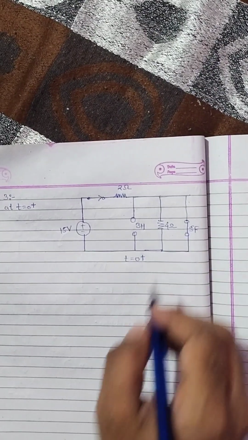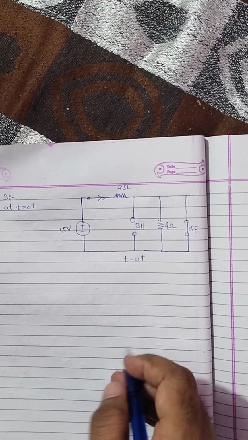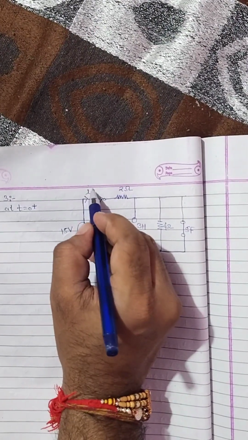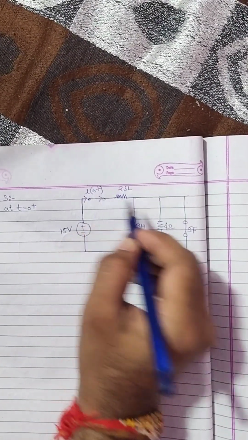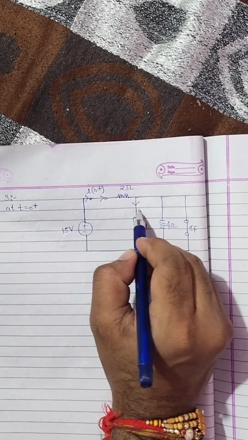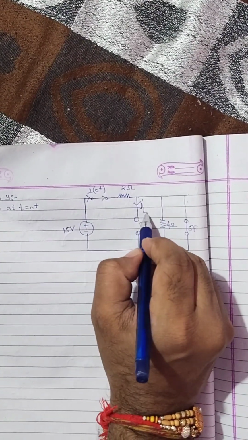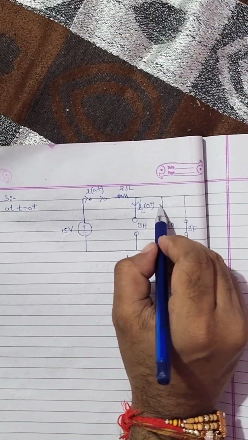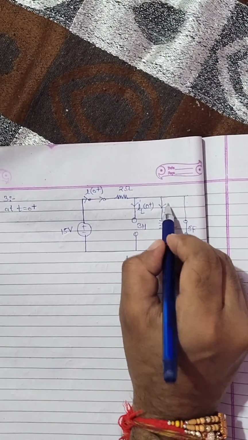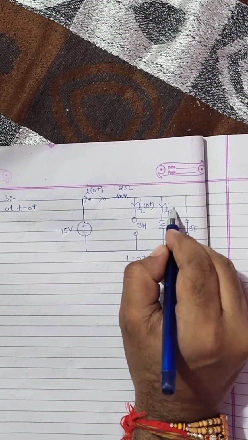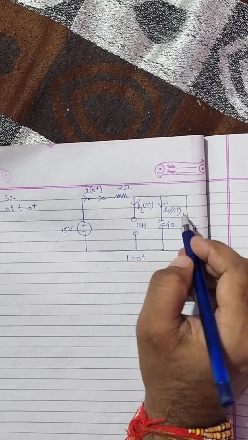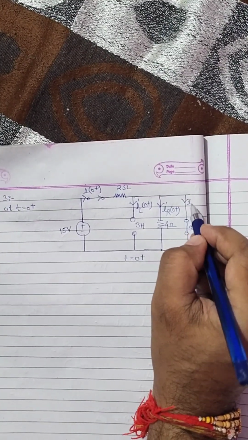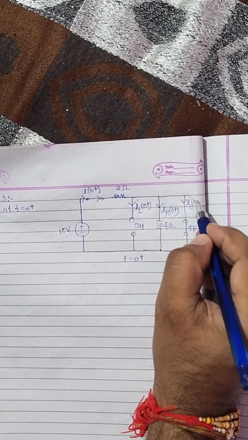Now let us assume, according to the previous circuit, that in this branch the current is I(0+). In this branch I assume the direction of current as IL(0+). Similarly, in this branch I assume IR(0+), and in this branch I assume IC(0+).